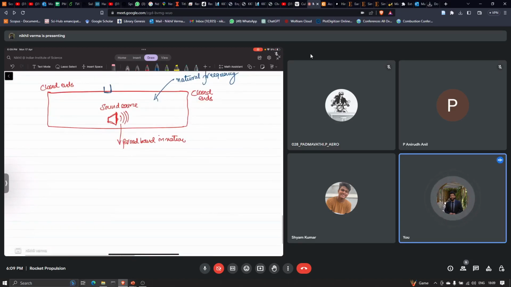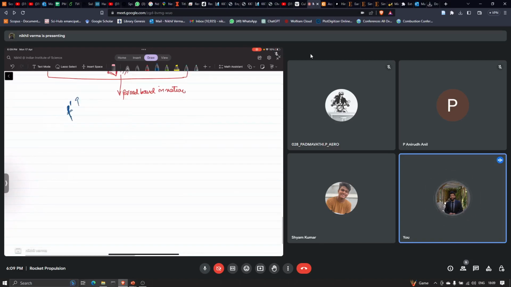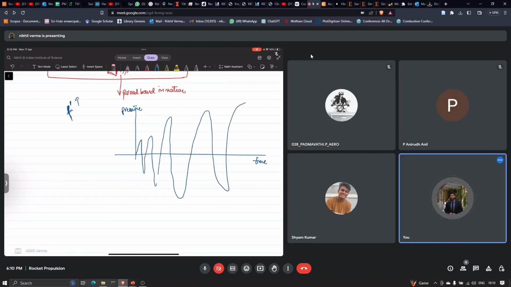The unsteady pressure P naught will continue to rise. If I plot this pressure versus time, you'll see the oscillation is increasing, and usually it becomes constant after some time. Okay, this is known as limit cycle oscillation.